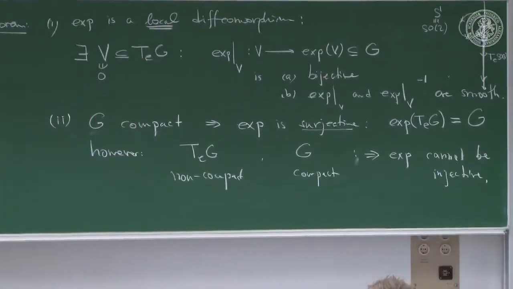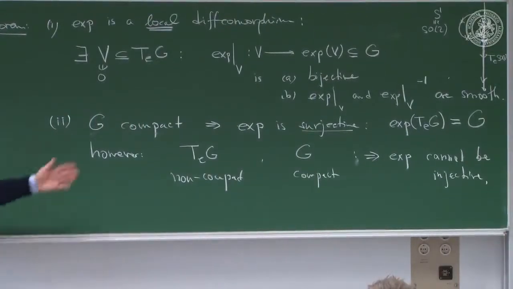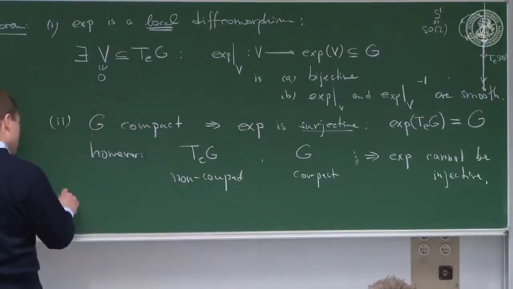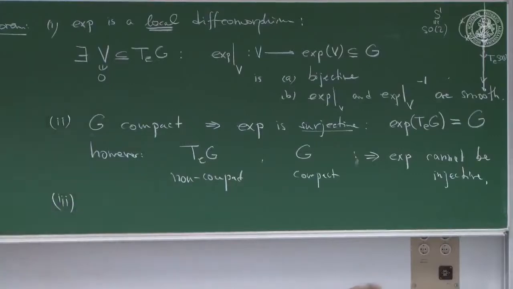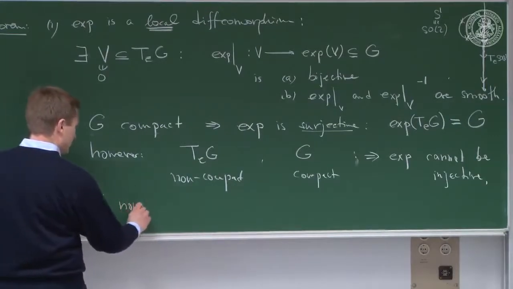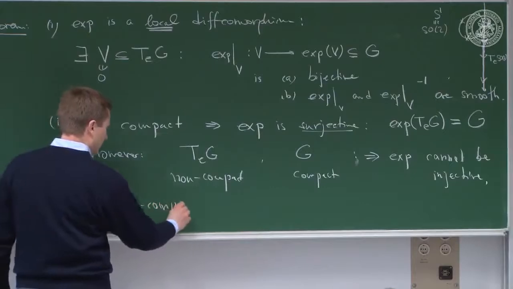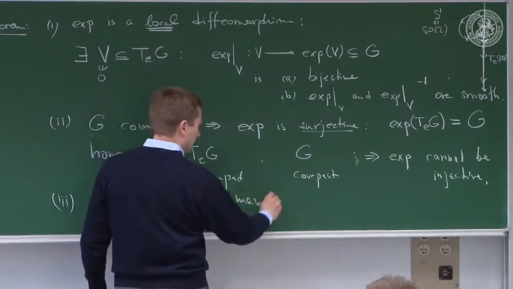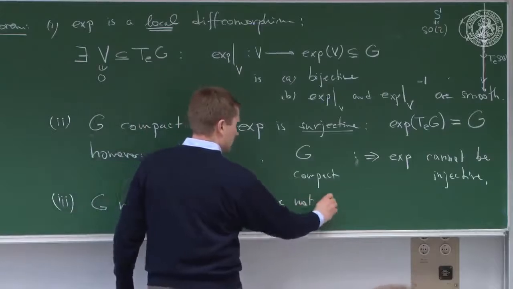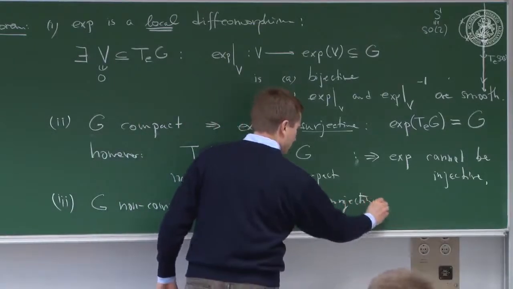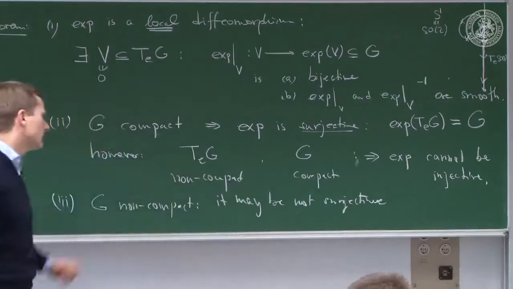Okay, so that's if G is compact. Now, if G is non-compact, it need not be surjective. So let me, well, that's a non-result. So nevertheless, let me state it as a non-result. So if G is non-compact, it may be not surjective, right?